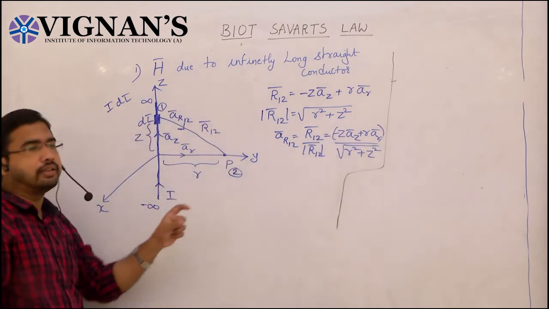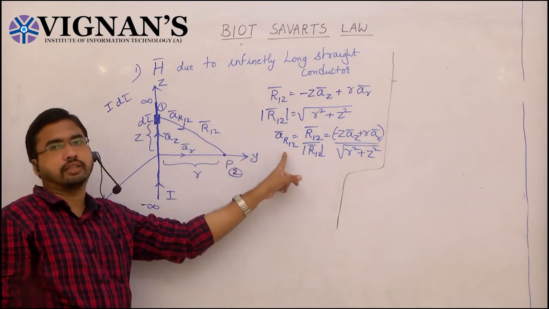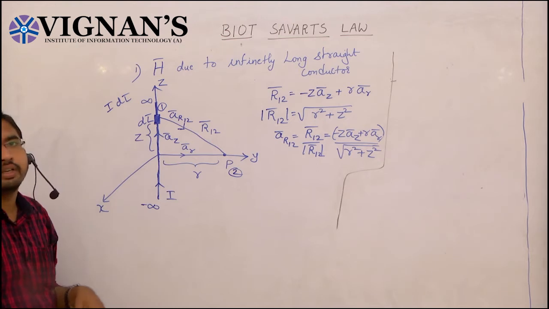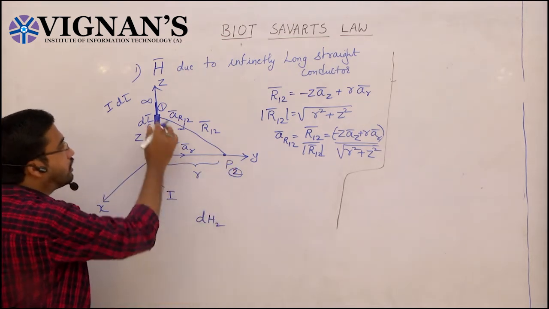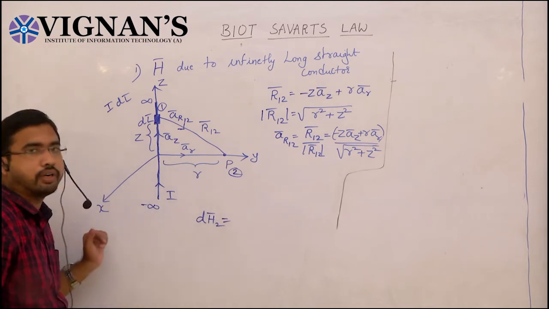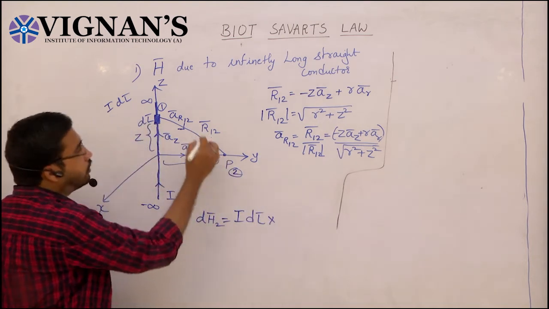So we have obtained the distance vectors and their magnitudes as well as unit vectors. Now what is the formula for differential magnetic field intensity at point 2 due to this differential length? dH2 is equal to I dl bar cross, what is the unit vector?